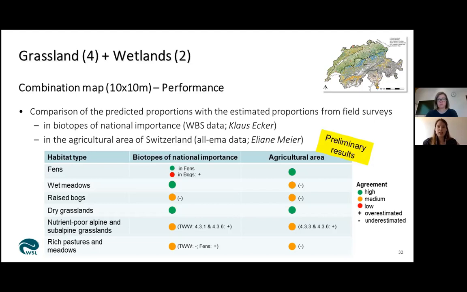So for example, predicted shares of dry grasslands showed very high agreement with the two estimations or projections from these two data sets, while the raised bogs tend to be underestimated in the combination map, and the rich pastures and meadows on the other hand also tend to be underestimated. And for the alpine and subalpine grasslands, it depends a bit on the habitat type, but we have there some that are clearly overestimated.